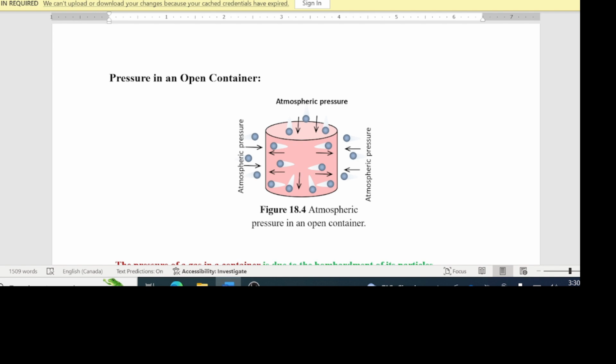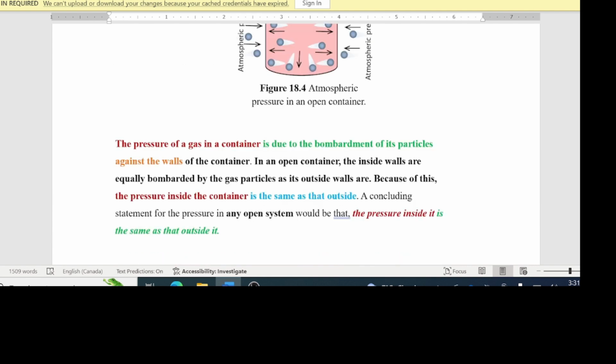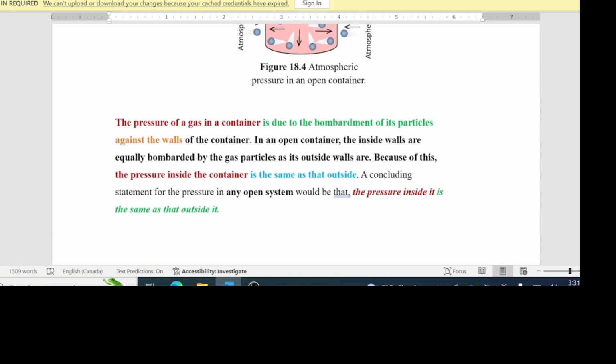So we're saying two things are happening here. Atmospheric pressure is pushing on the outside, but also the same atmospheric pressure is pushing on the inside of the can. So the general point that can be made is that if you have an open container, the pressure inside will always be the same as that outside.